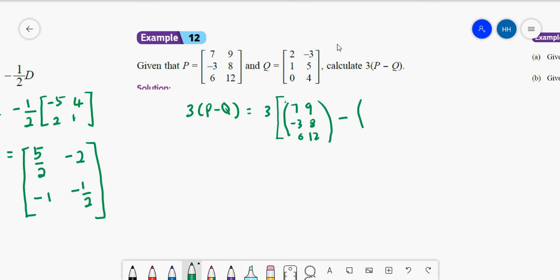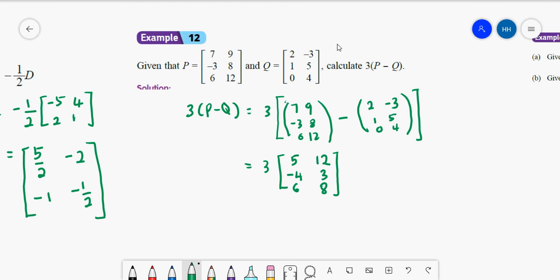Minus Q, okay, you can solve inside the bracket first. Equals 7 minus 2 is 5, 9 minus -3, 12. Okay, -3 minus 1, -4. 8 minus 5, 3. 6 minus 0, 6. 12 minus 4 is 8.